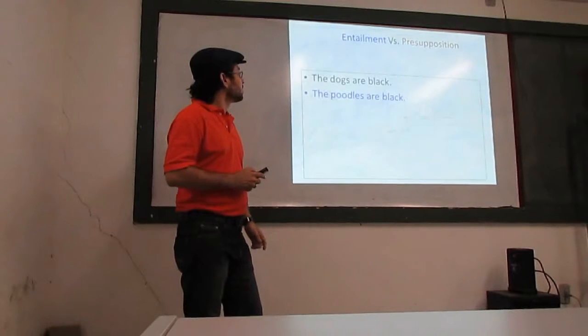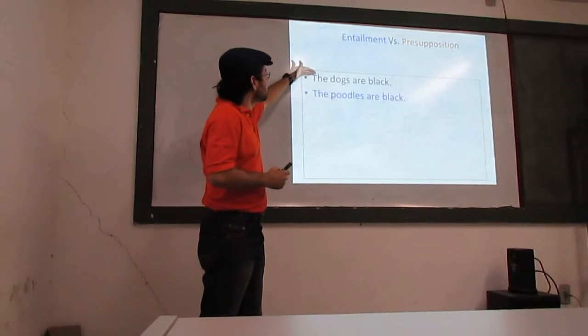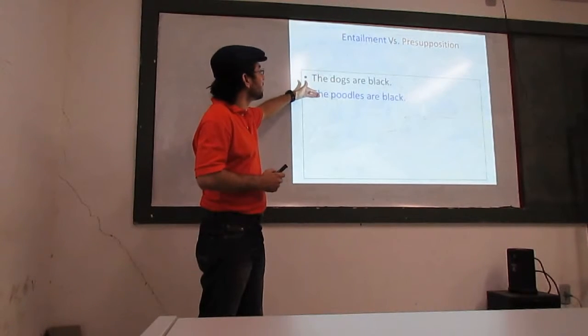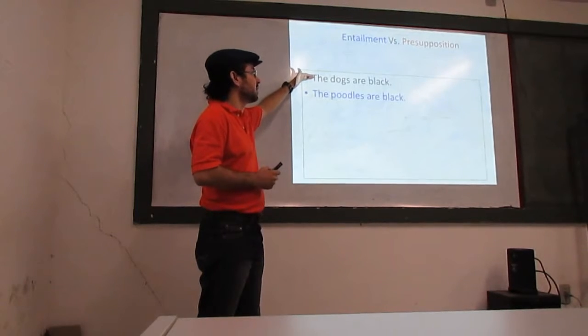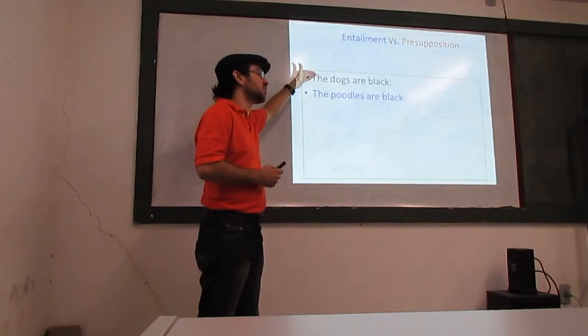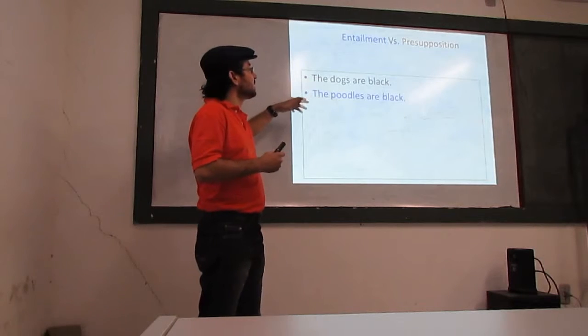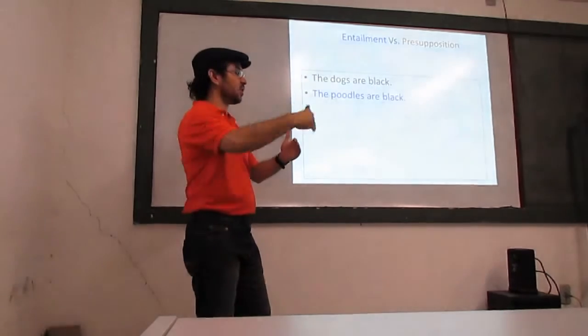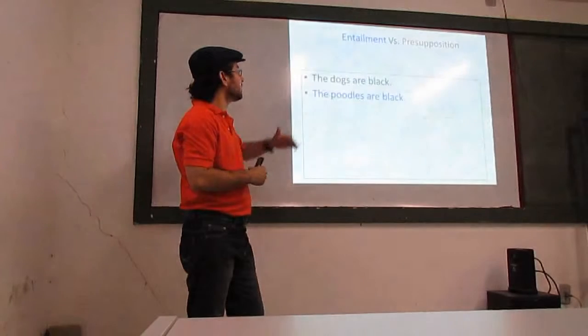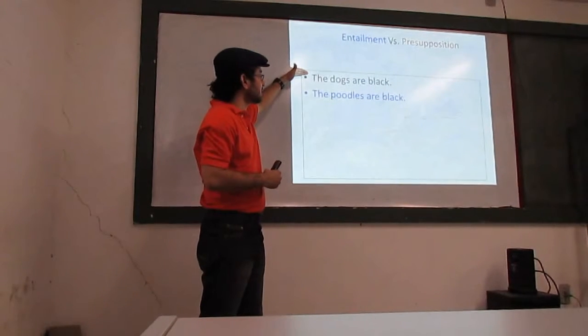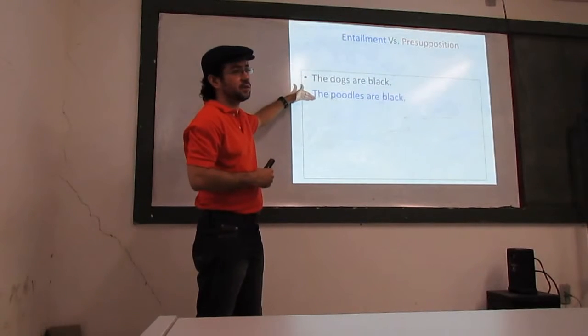Okay? So I can say that this sentence entails another one, and this sentence entails another one. One sentence justifies another one. Okay? So when I say that one sentence entails another sentence, I say that the truth of the sentence is the same truth of this other sentence.